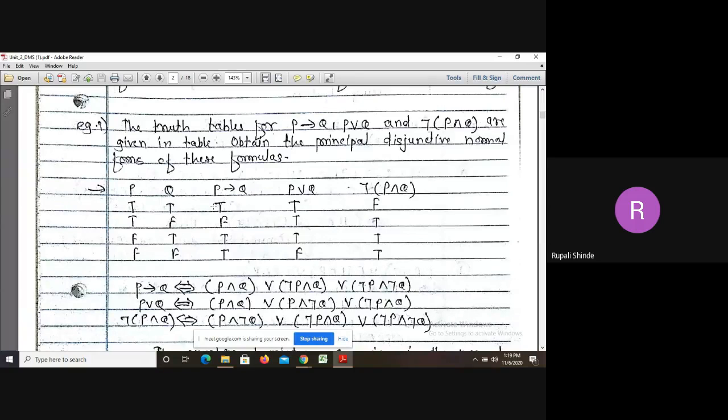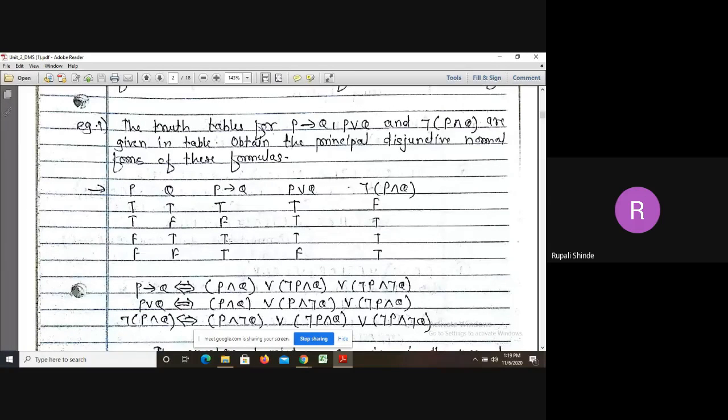For this first T, what are the values of P and Q? Again, it is T, T. Means what? These two variables are in original form. So first minterm is P and Q. Because what is our rule? The variables in minterm are connected together by AND symbol. That's why value for this first T is P and Q.